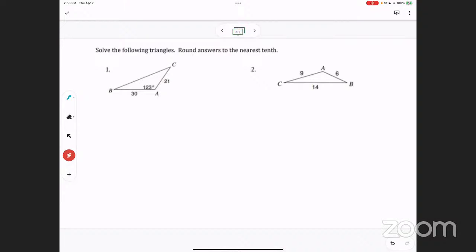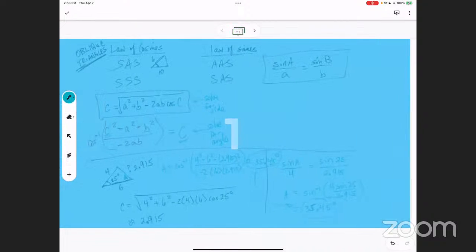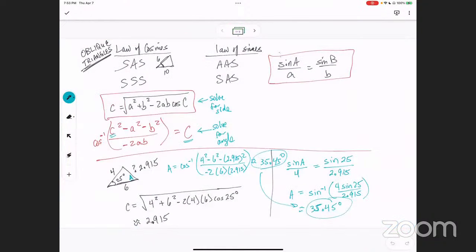Well, law of cosines, it's going to be. That's right, I have side angle side, right? Side angle side, yeah. So notice in this formula I have C, so I have to rewrite this formula.